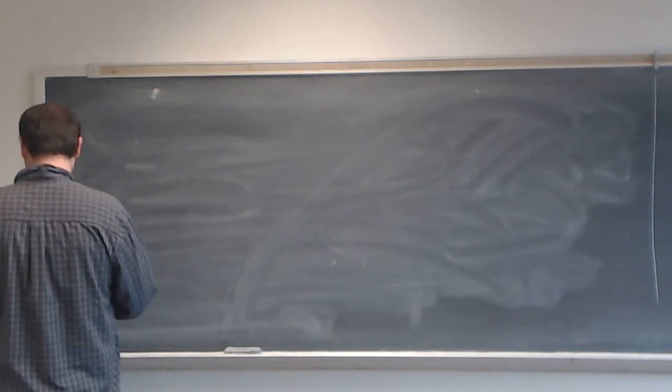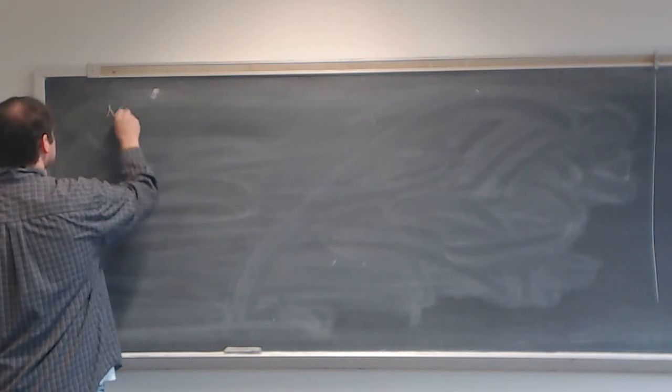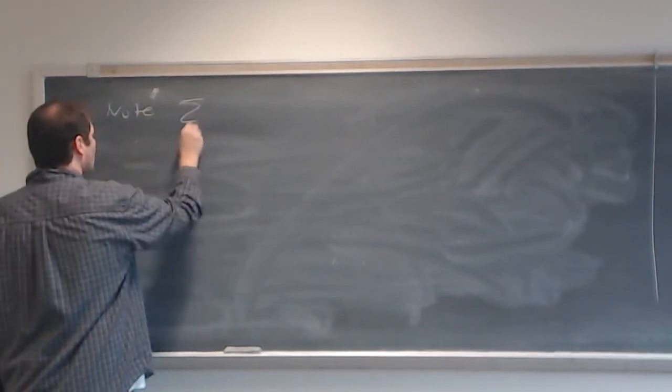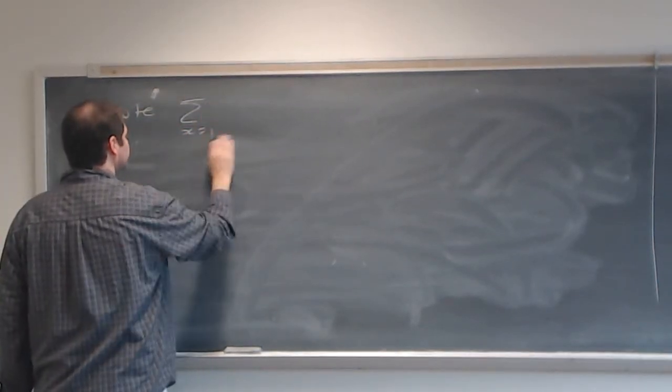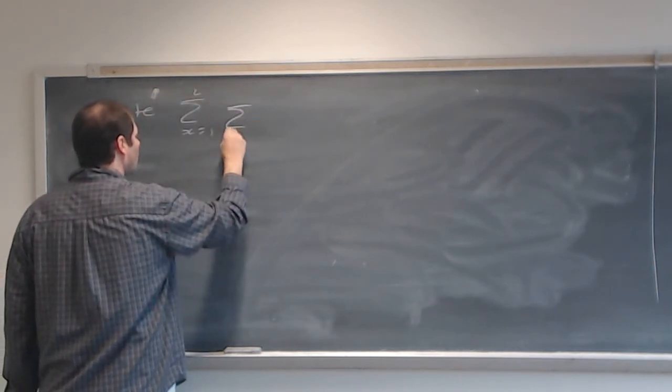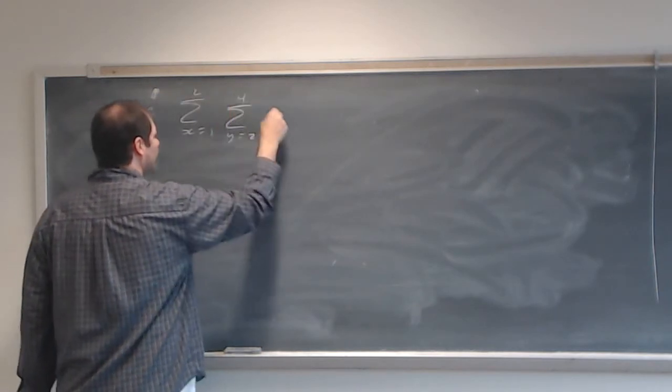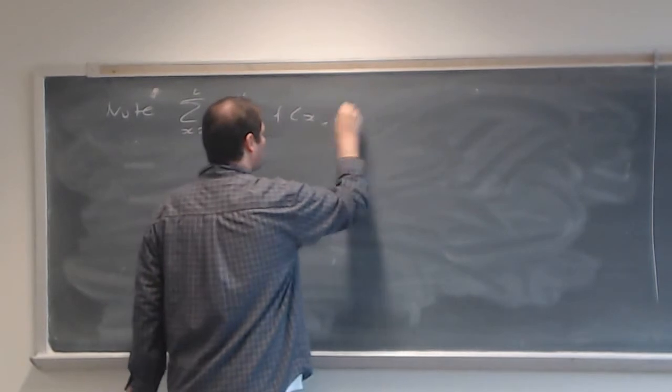Note that the sum over all x values here are 1 and 2, and the sum over all y values, that's 2 through 4, of f of x comma y.